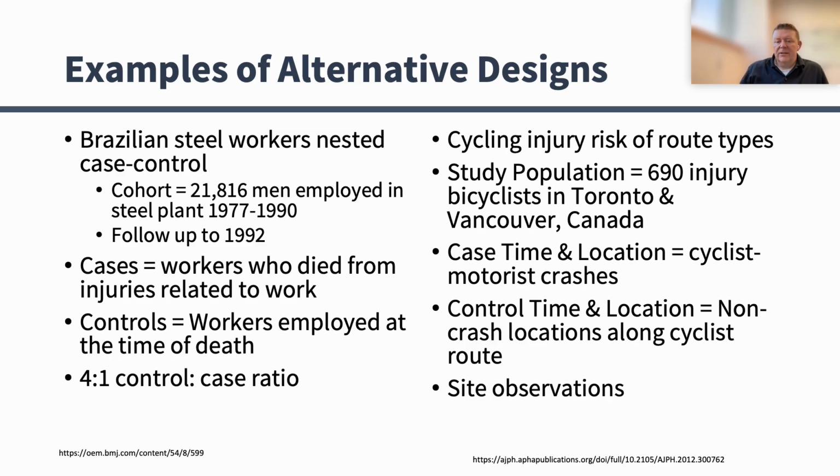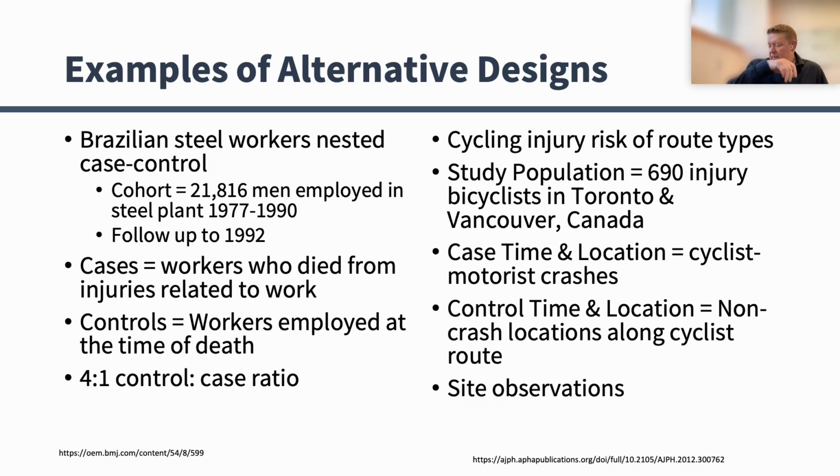In terms of a case crossover design, on the right, they were looking at cycling injury risk for different route types. The study population used to identify the locations was 690 injured bicyclists in Toronto and Vancouver, Canada. From the cyclists, they could identify the case time and location, as in when the cyclist-motorist crash had happened.